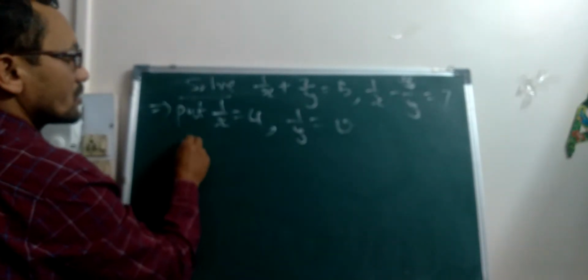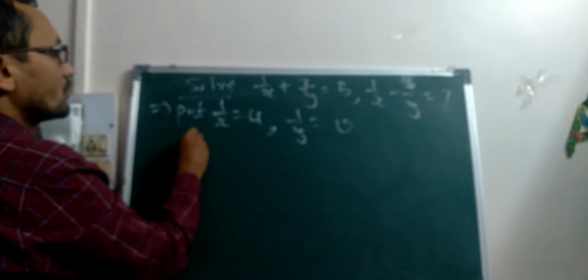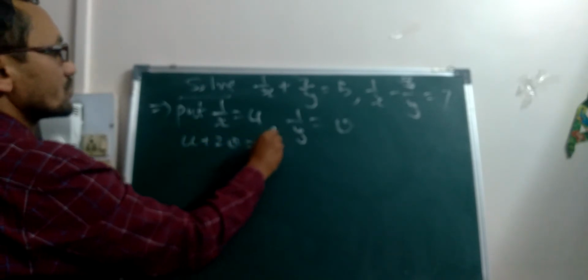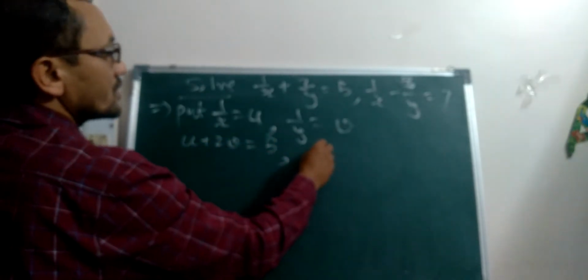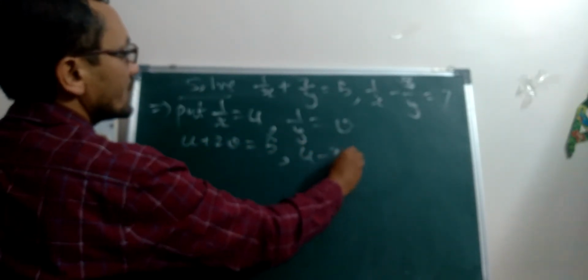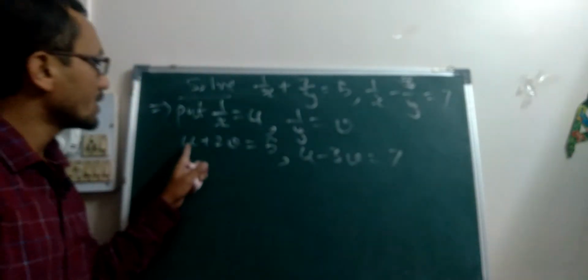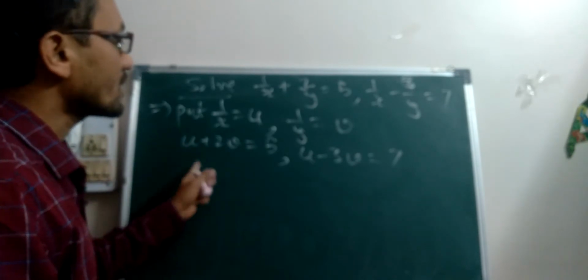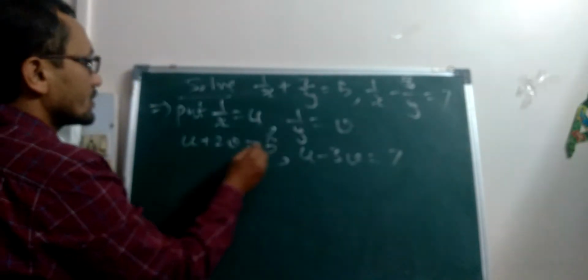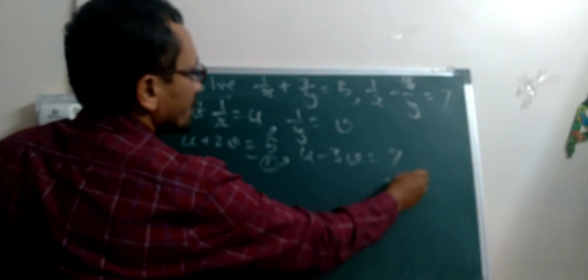So what is the equation then? u plus 2v is equal to 5, and u minus 3v is equal to 7. Now here u, here also u, so we will subtract and easily get the answer. This is equation 1 and this is equation 2.